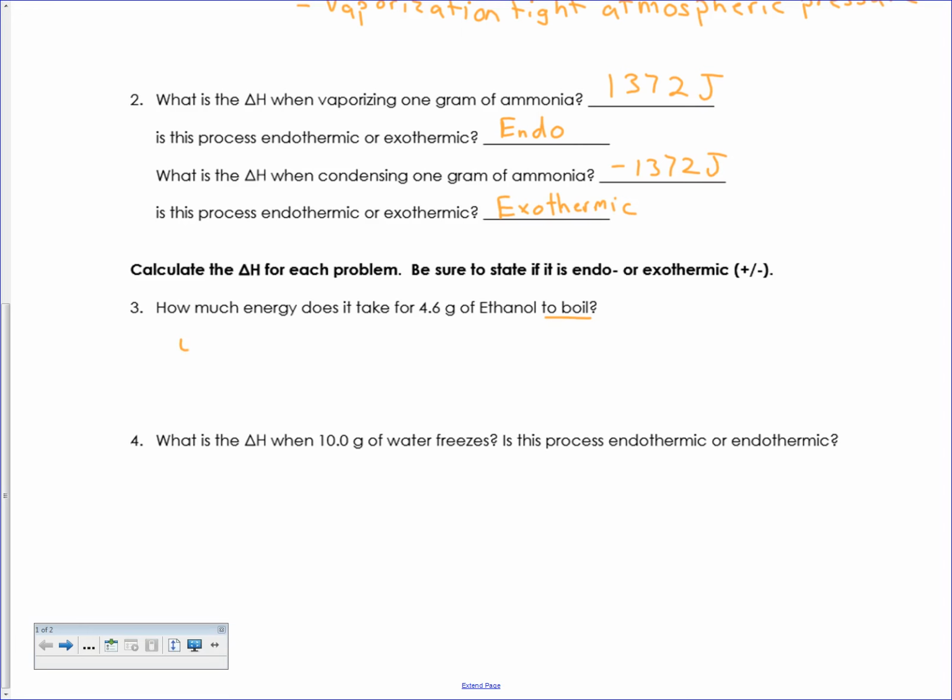And so then it sets up like this: 4.6 grams of ethanol, which is C2H5OH. That's the mass that we're given. We looked up above and saw that it took 944.2 joules for 1 gram of ethanol to boil it.